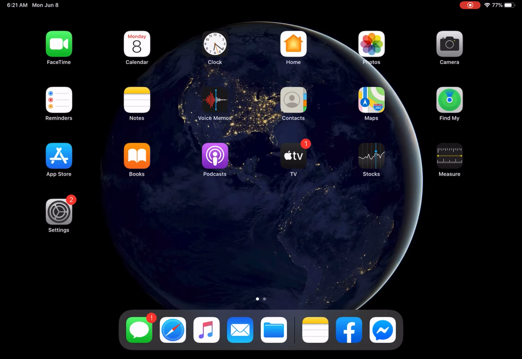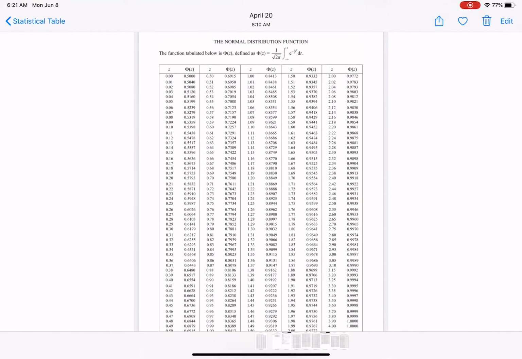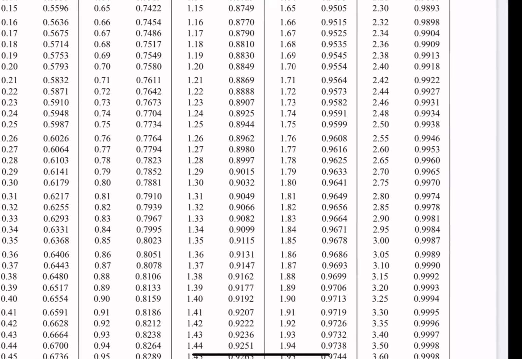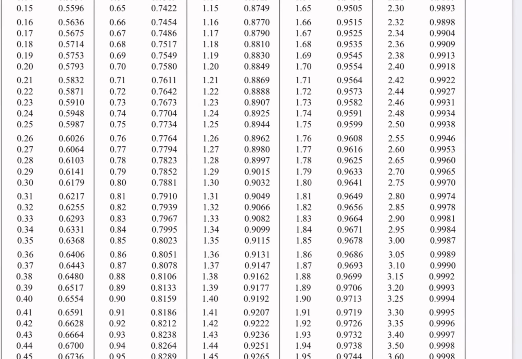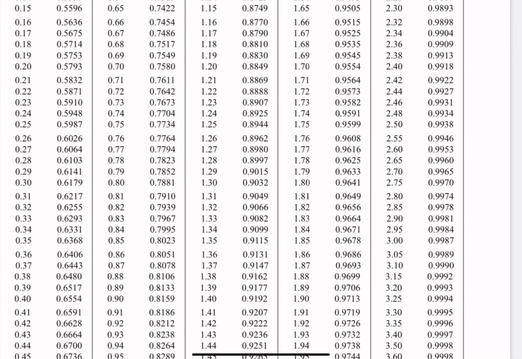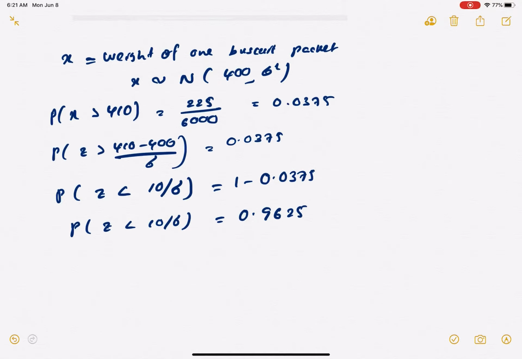Now we need to check in the normal table which z value gives 0.9625. Let me quickly get into the normal table. You can see 0.9625 is at 1.78. So 10 over sigma is 1.78, which means sigma is equal to 10 over 1.78.